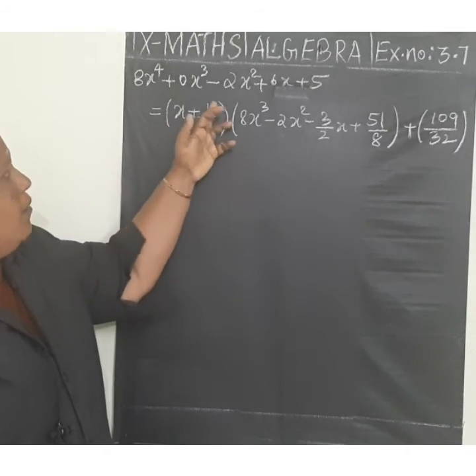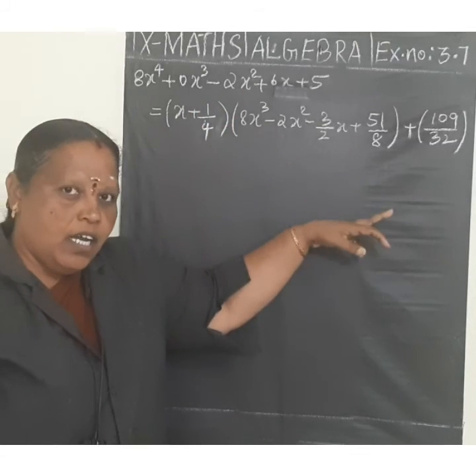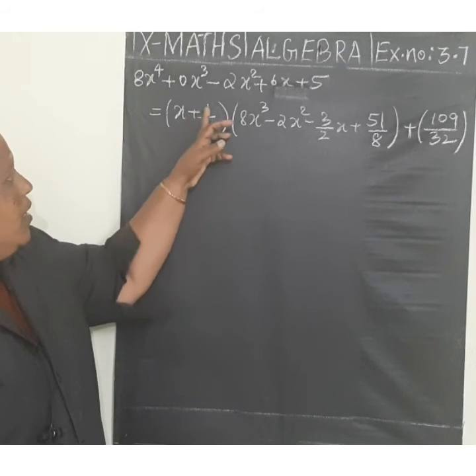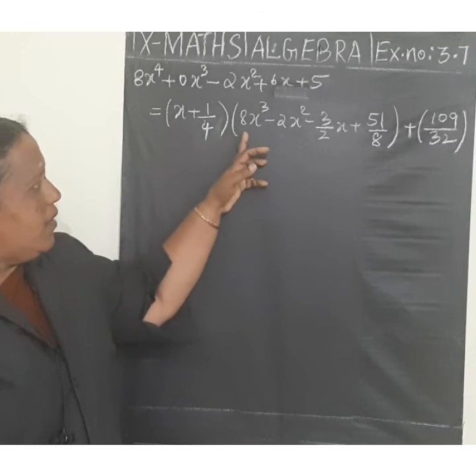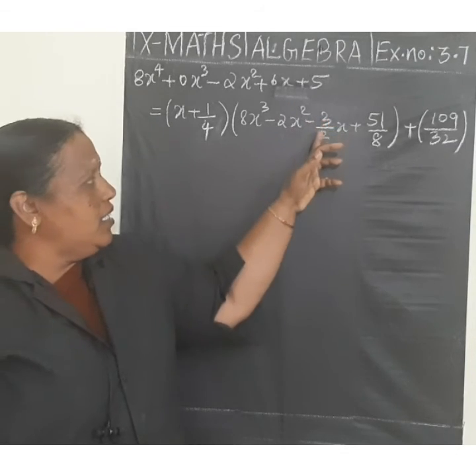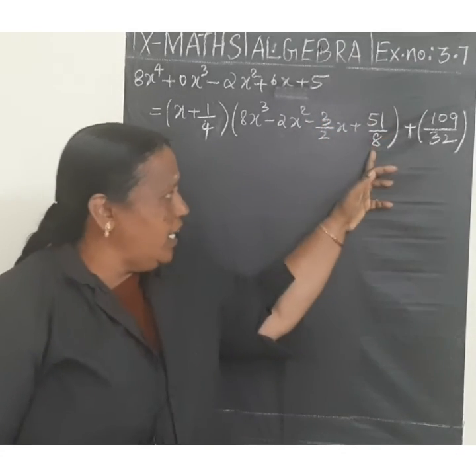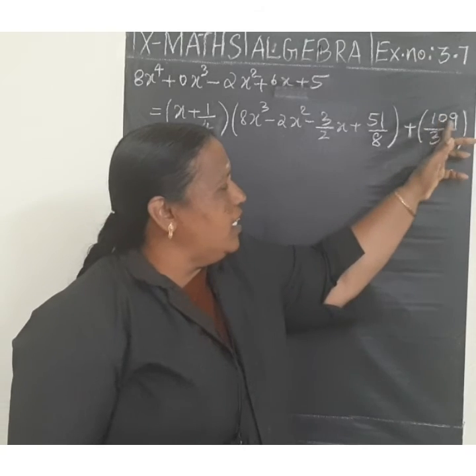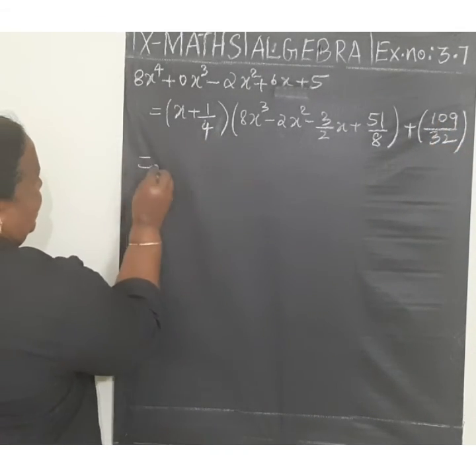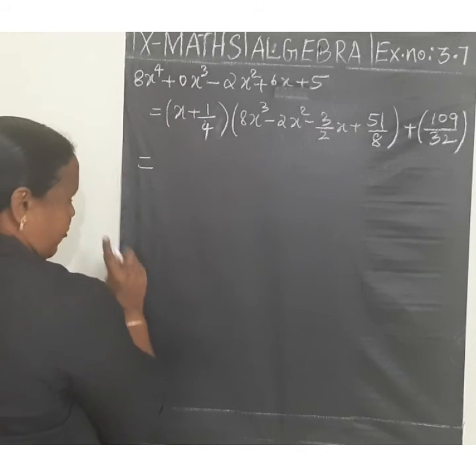So x plus 1 by 4, because the x value is minus 1 by 4, when you take it to this side it becomes a plus. So x plus 1 by 4 into the quotient we got, 8x cube minus 2x square minus 3 by 2x plus 51 by 8, then plus the remainder 109 by 32. Next step, in this x plus 1 by 4 we have to take the LCM.